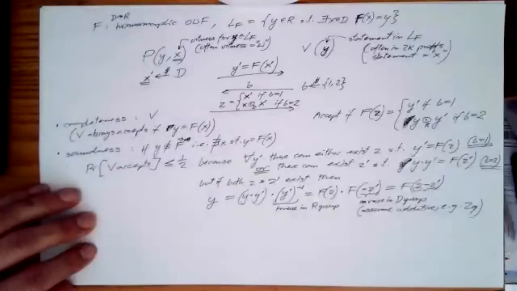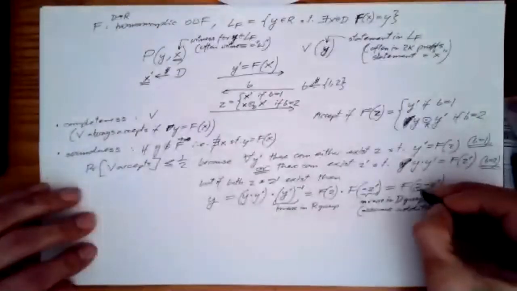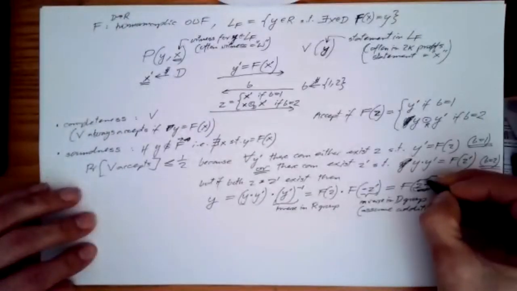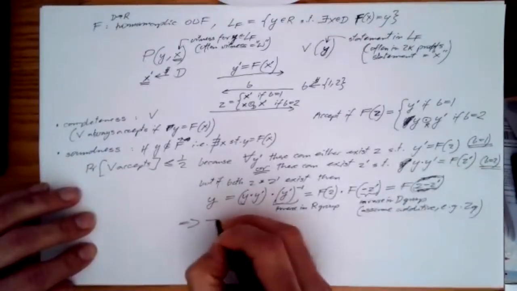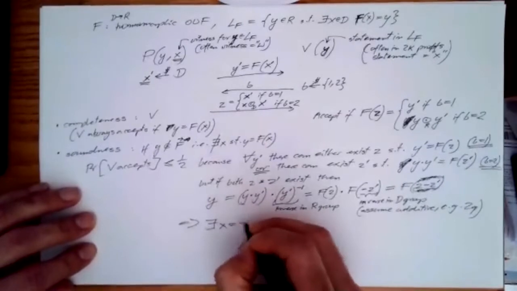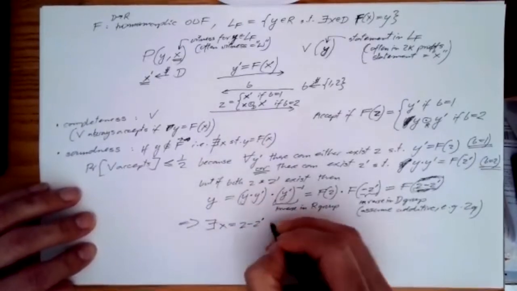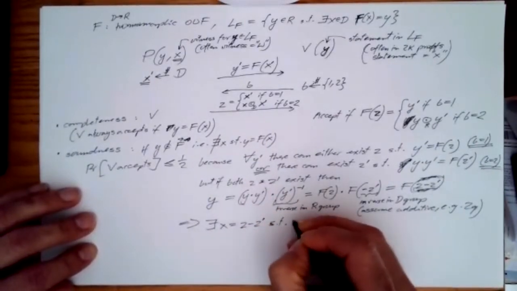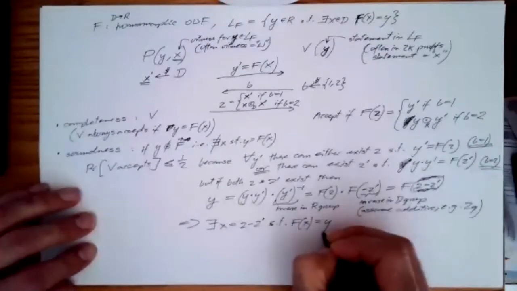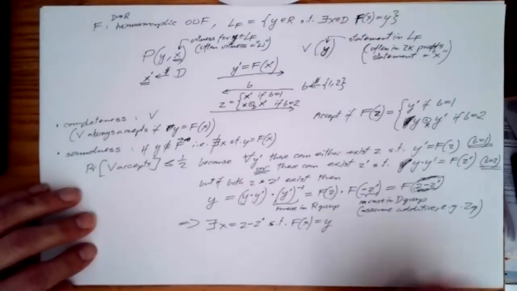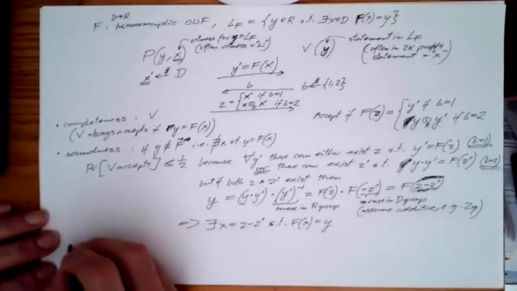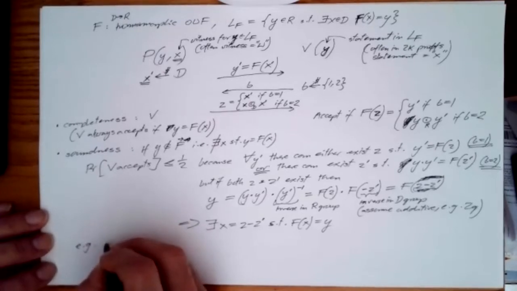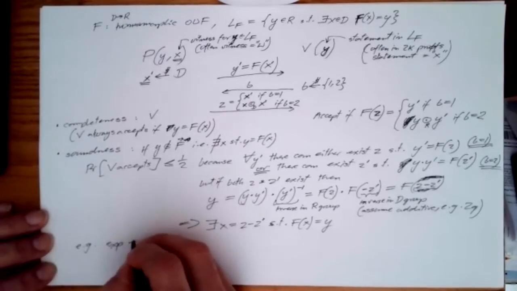So this would imply that there is an x, namely z minus z prime, such that f of x is y. Right? So see, for example, the exponentiation example.